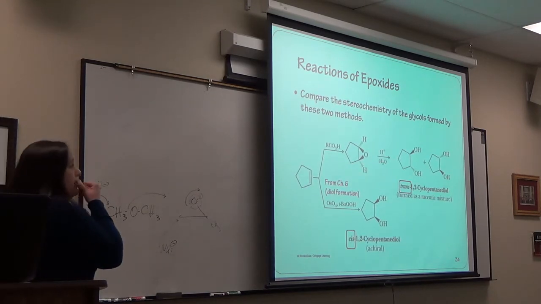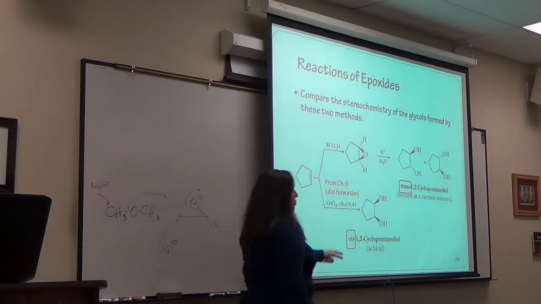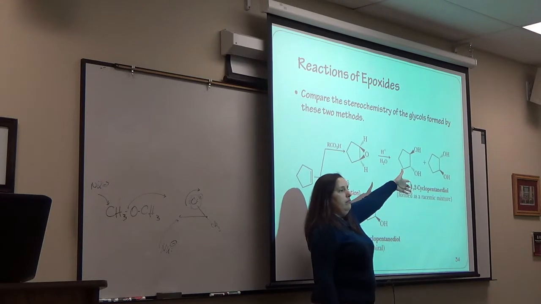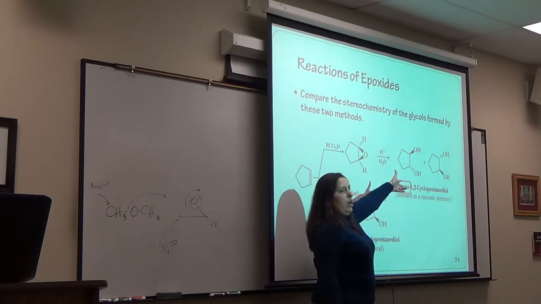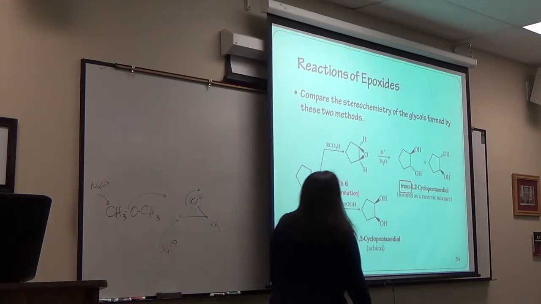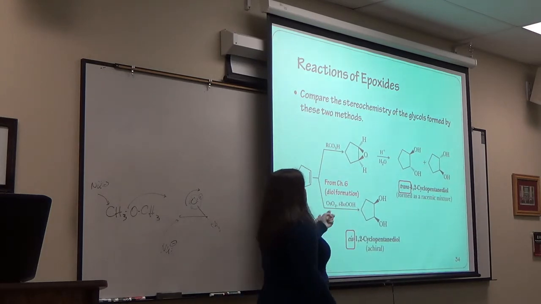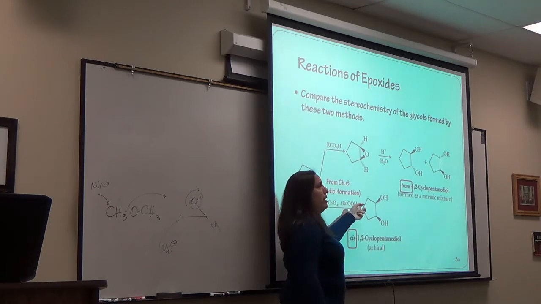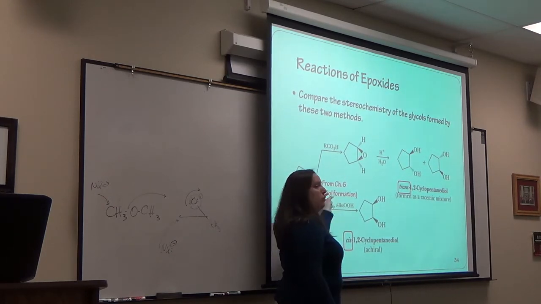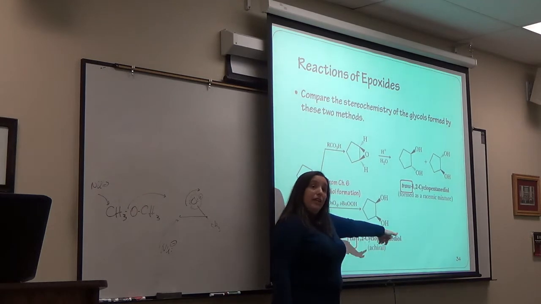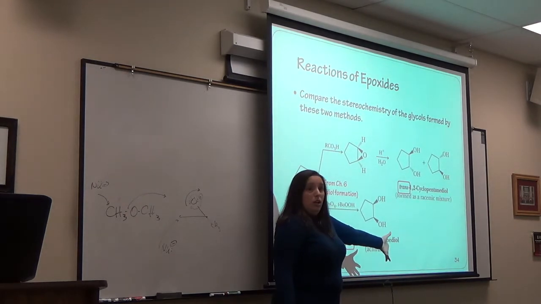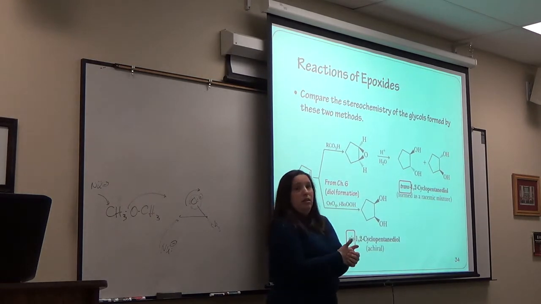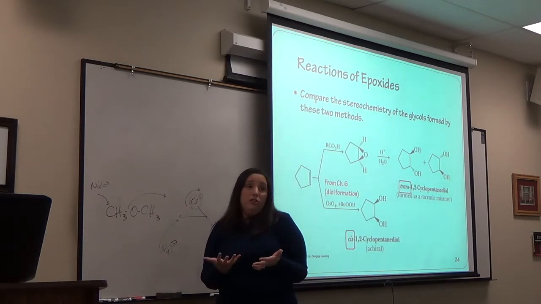Now, is it impossible to make the cis if that's what I want? This is the trans, if you follow the epoxide, the way we just talked about. You get the trans with the anti. But remember from chapter 6 also, when we did the alkene reactions, there was a diol formation reaction with OsO4, and the product for that is the cis. So if the desired product is cis, you can just use a different reagent.